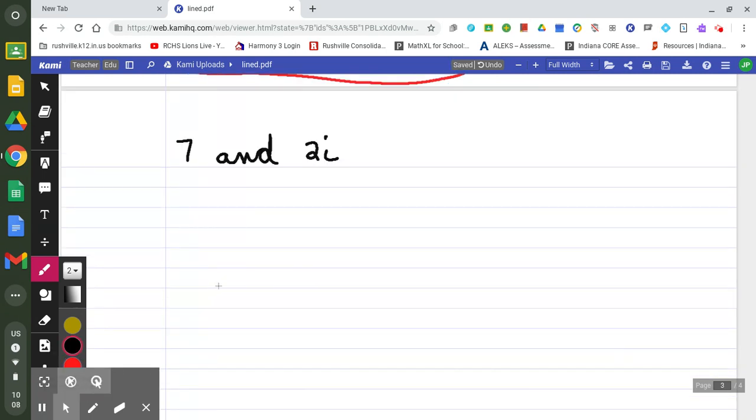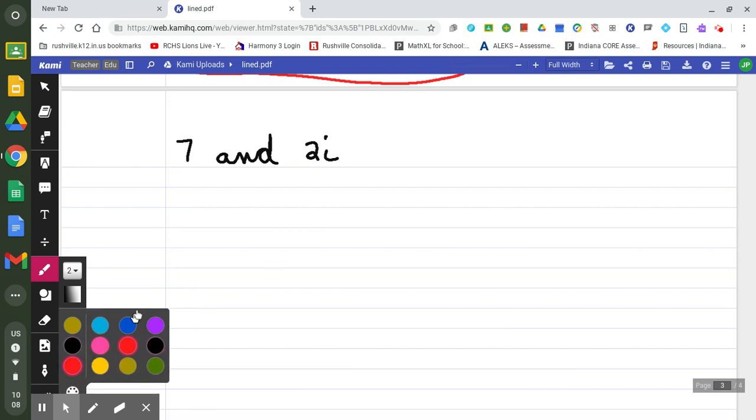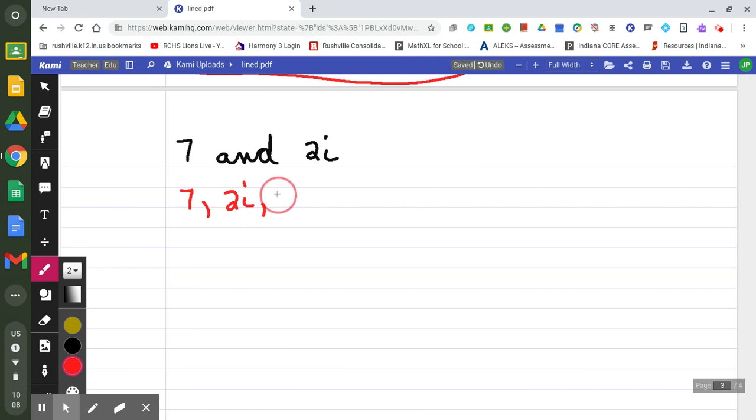You'll have another example where you're given an integer and then an imaginary. And so remember that the imaginary always has to have a pair. So the first thing we need to do then is to write out our zeros, which will be 7, 2i, and then 2i has to have a pair that goes with it, and it would be negative 2i.